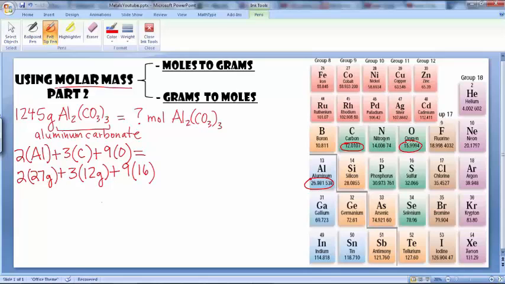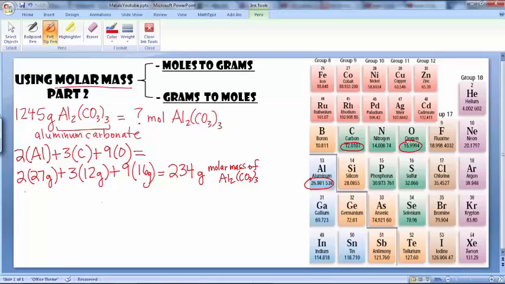So when we multiply all of this out and add it up, I got 234 grams. Okay, so this is the molar mass of Al2(CO3)3, aluminum carbonate.